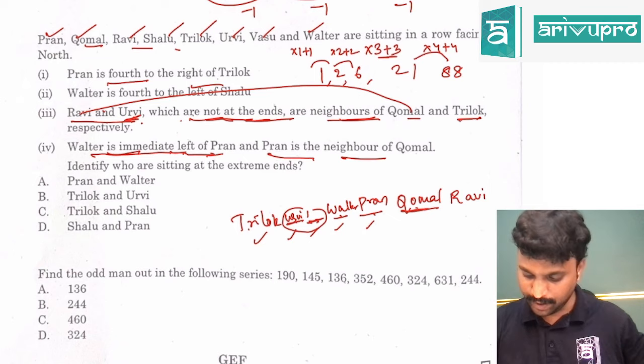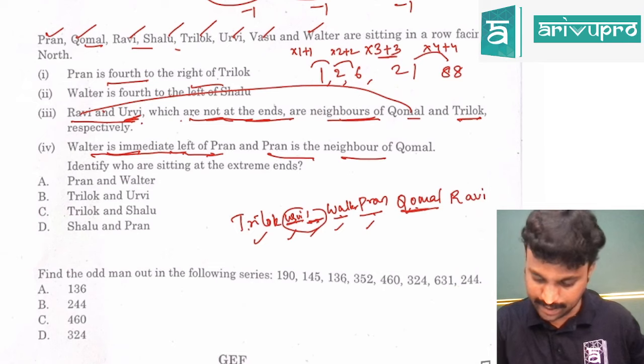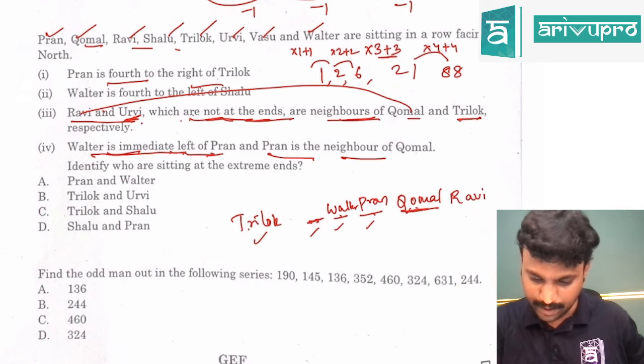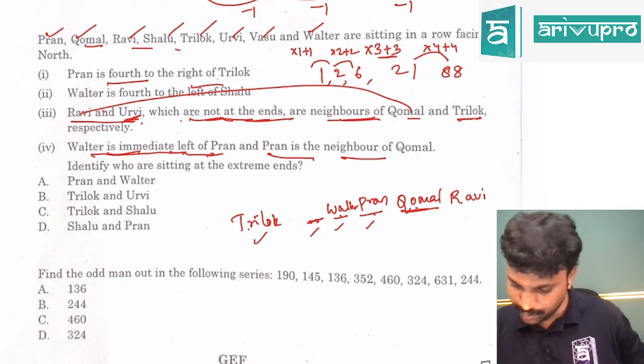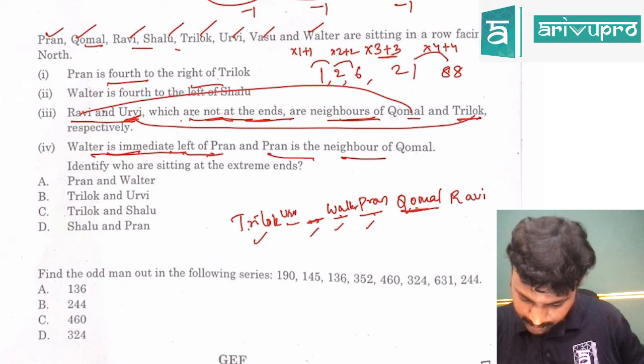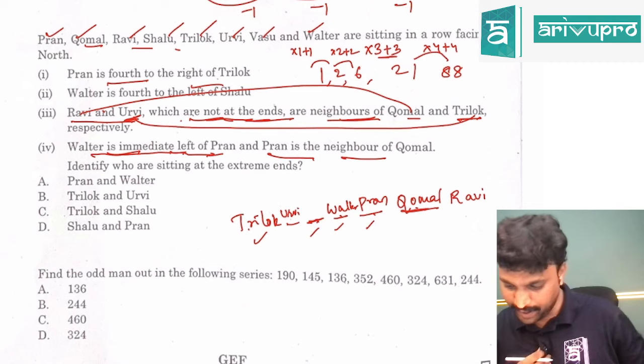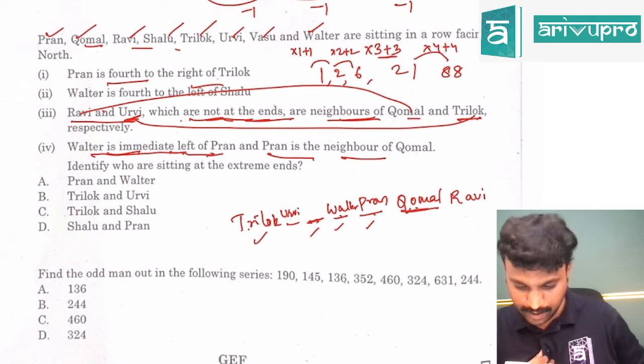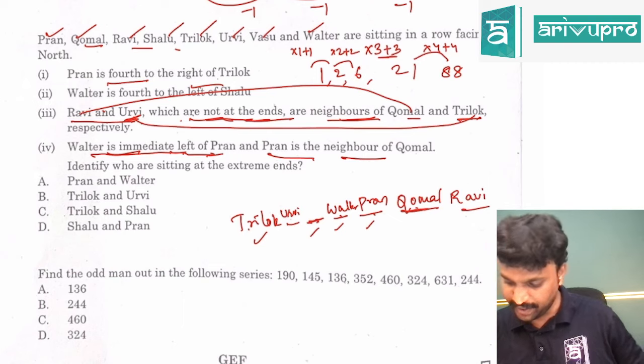Ravi is a neighbor of Trilok, correct? So definitely who is a neighbor of Trilok? Urvi is a neighbor of Trilok. So Urvi is here. And where is Ravi? Okay, Ravi is over here.